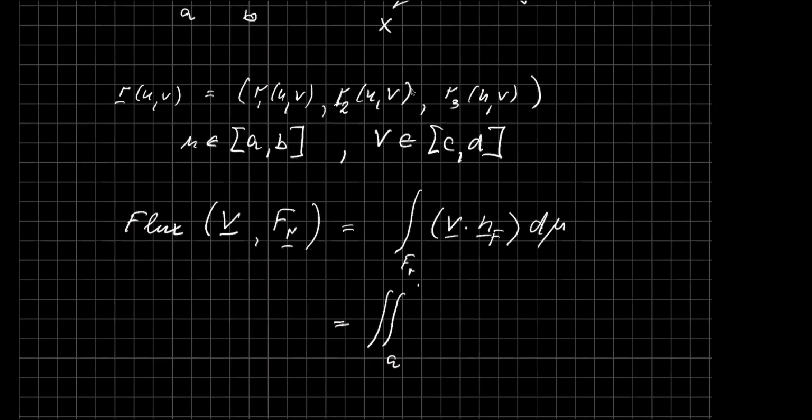It's from a to b and from c to d of the restriction of the vector field to the surface.